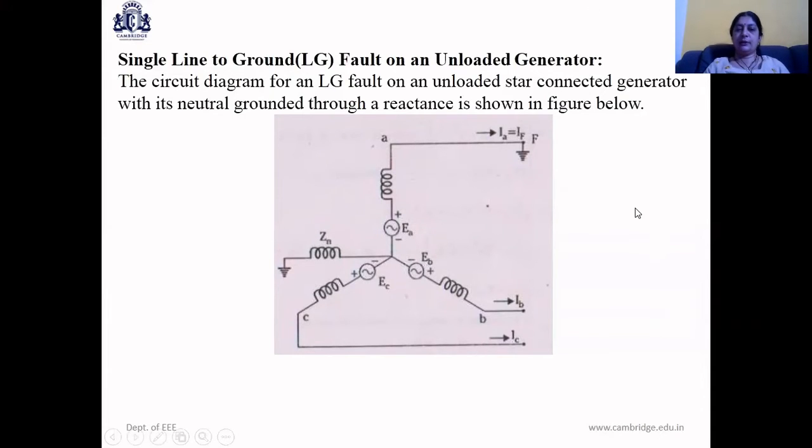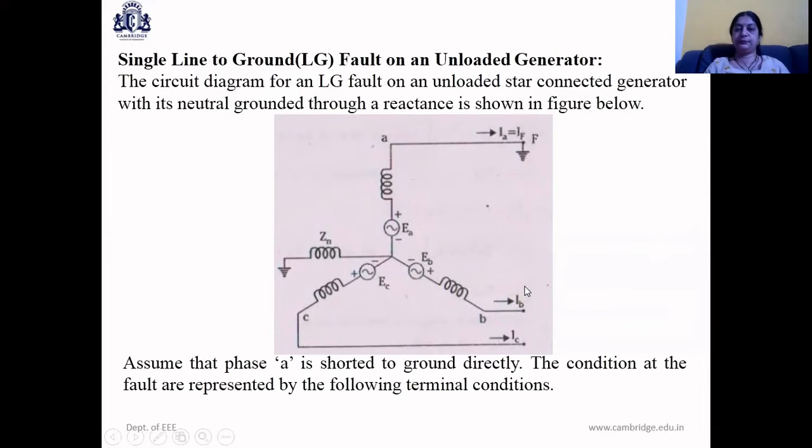So from the diagram, you can see that the current IA is nothing but the current that flows to the ground, which is the fault current. Because the system is unloaded, it is open, IB and IC will be equal to 0.